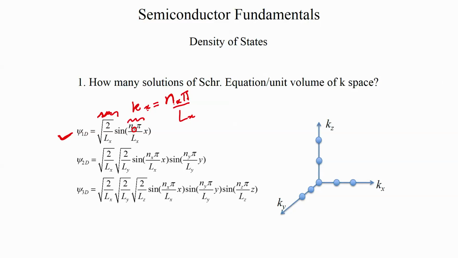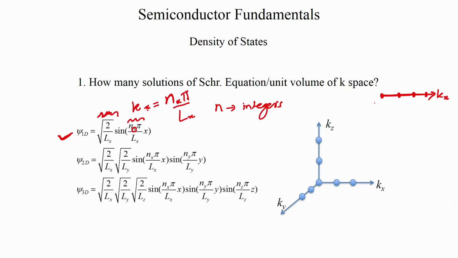So, k is a quantized parameter. n can only be integers, and therefore, if I were to draw the kx vector, or if I look at the kx space, then I see it can only take discrete points.